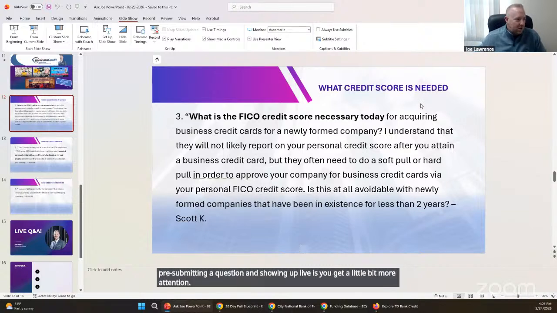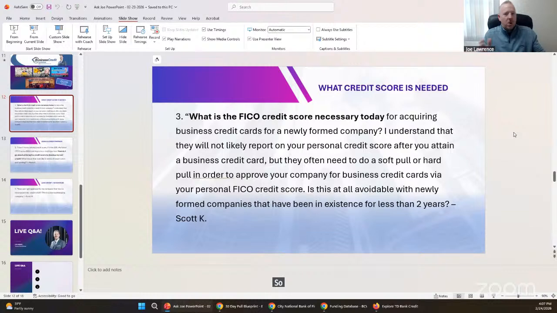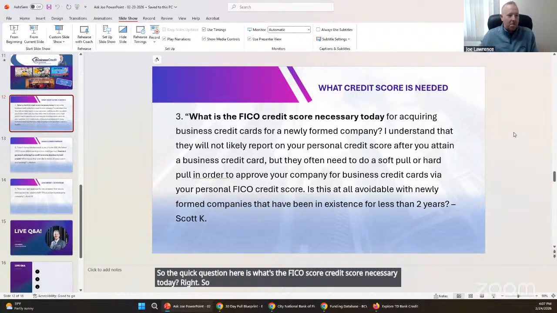Okay. So the quick question here is, what's the FICO score, credit score necessary today? That's the part I bolded, but I'm going to go through the whole question because I love details. What is the FICO credit score necessary today for acquiring business credit cards for a newly formed company? Now, the short answer we talked about earlier, you want to be above 700, 680, 730 or higher.